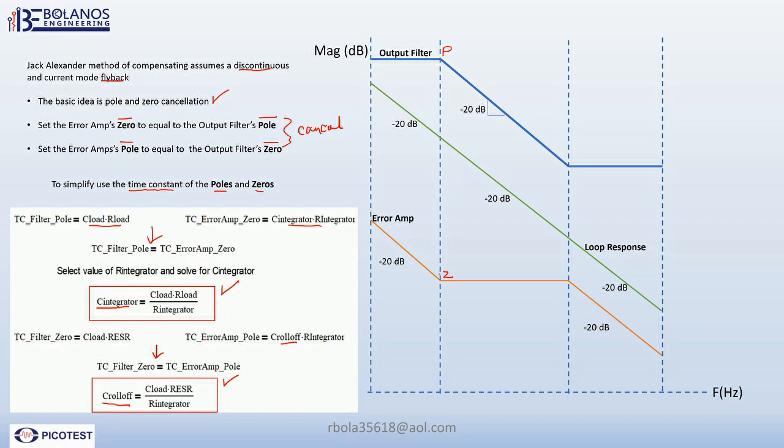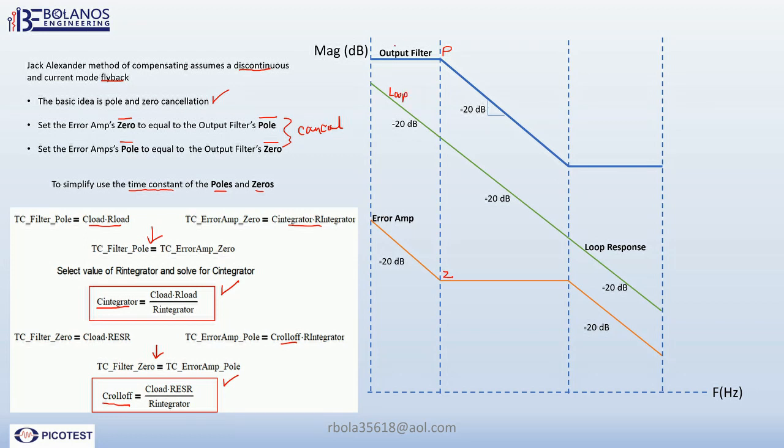By doing this cancellation, when you multiply the output filter transfer function with the error amp transfer function, all you have to do is add the slopes. So in this case, this green is the loop.